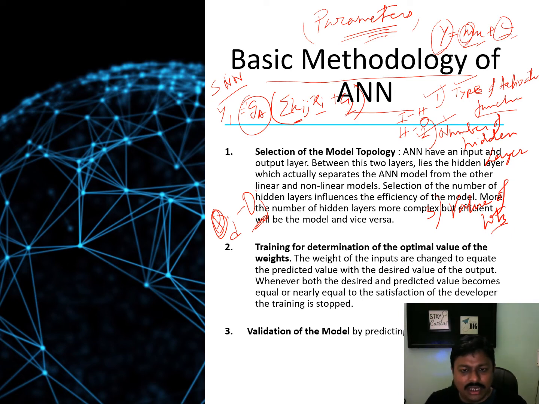The moment you see this OD minus OJ becomes 0, or it is yielding the same value, suppose X, the same X is coming for whatever change you made to the weights, W's, at that time you can stop changing the weights. Whatever value of weights you have found for which this difference is minimum, you can take those values as final, and then you can predict the output which is not known to you, the output that is not included in the training set of data.